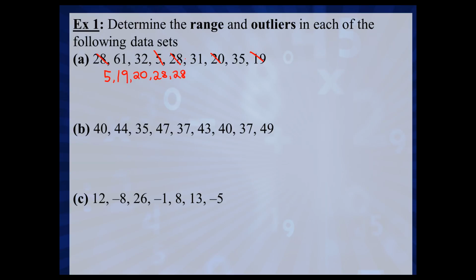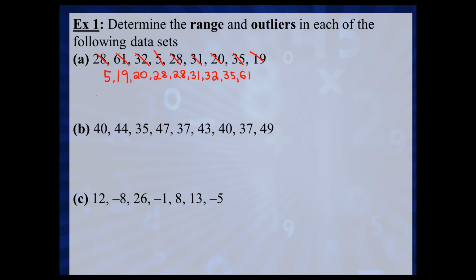And then we would have 31, and then 32, and then 35, and then 61. So from smallest to biggest, we have 5, 19, 20, 28, 28, 31, 32, 35, 61.